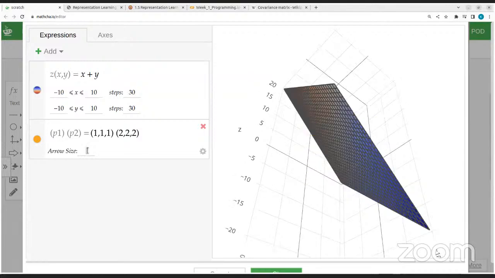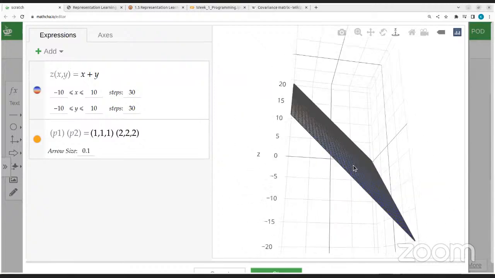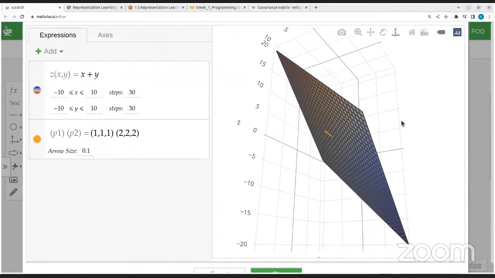Arrow size is too big. So can someone come up with the equation of a plane which is orthogonal to this vector?